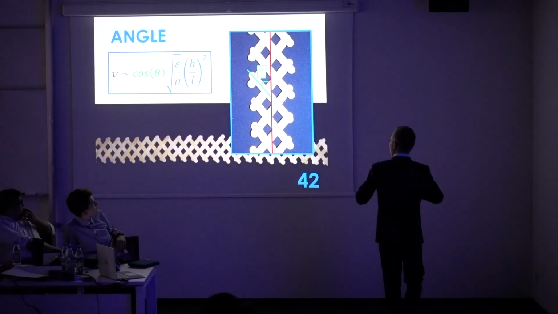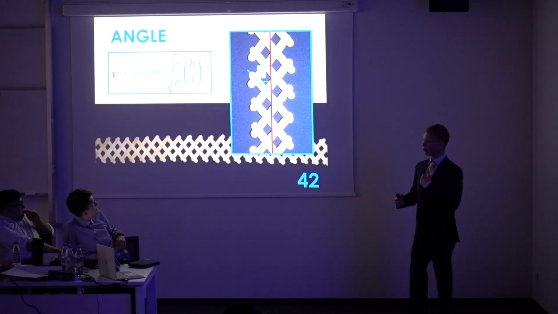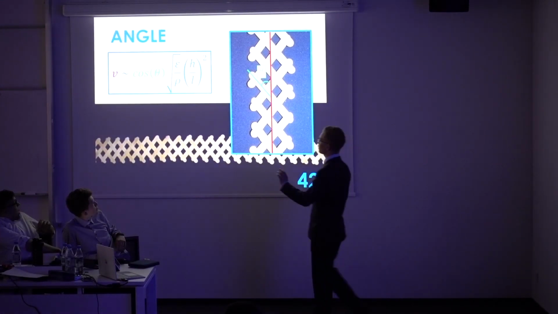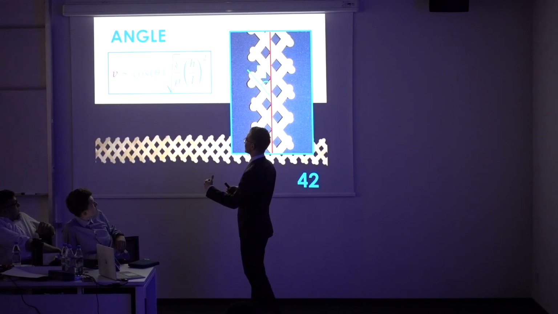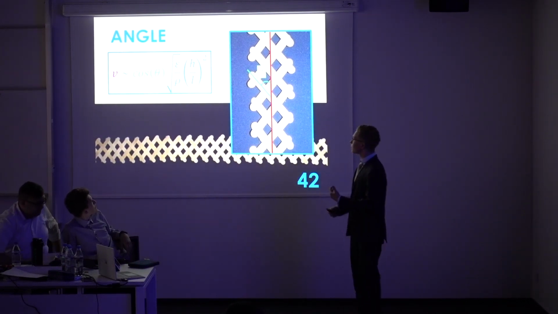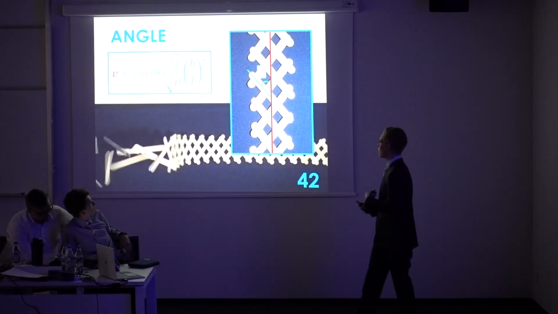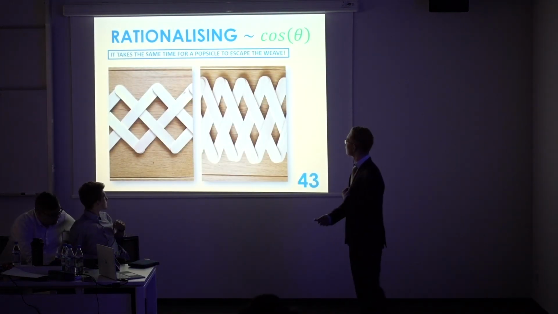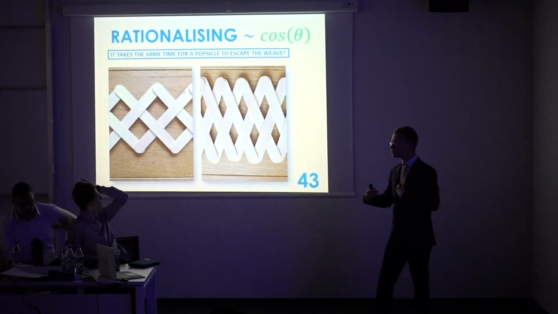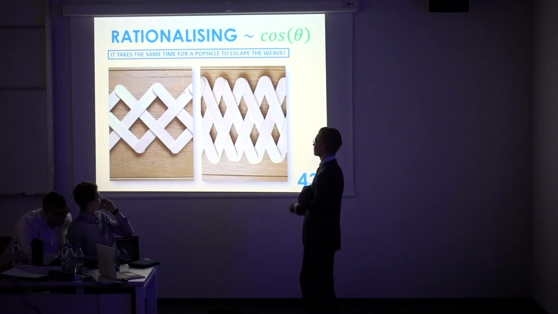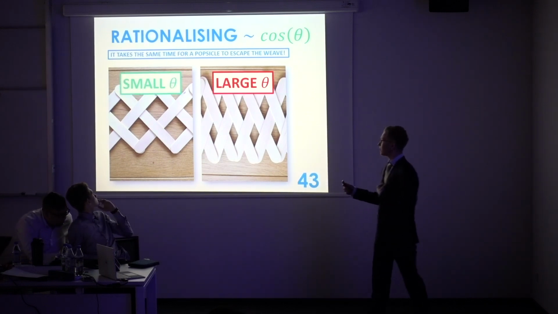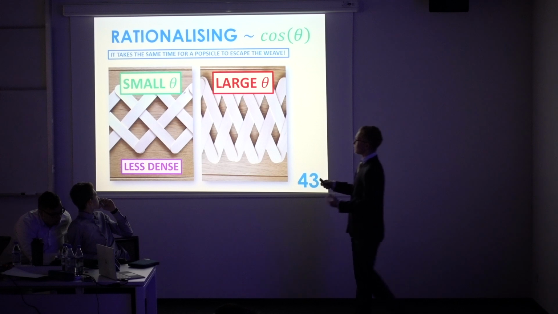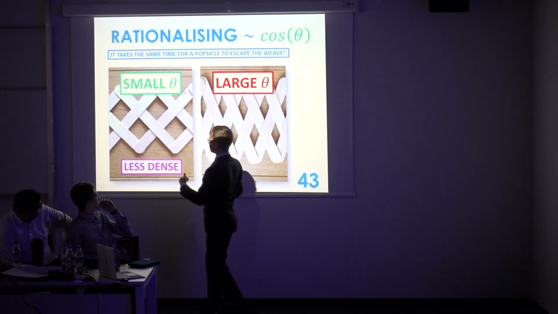So, moving on to our bone sticks, we estimated psi to scale as cosine of theta. So why is it that we estimated it as such? With small theta, there will be a less dense cobra.